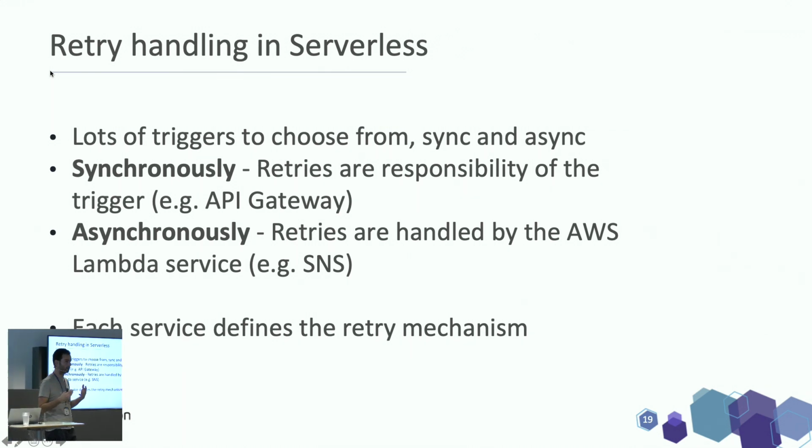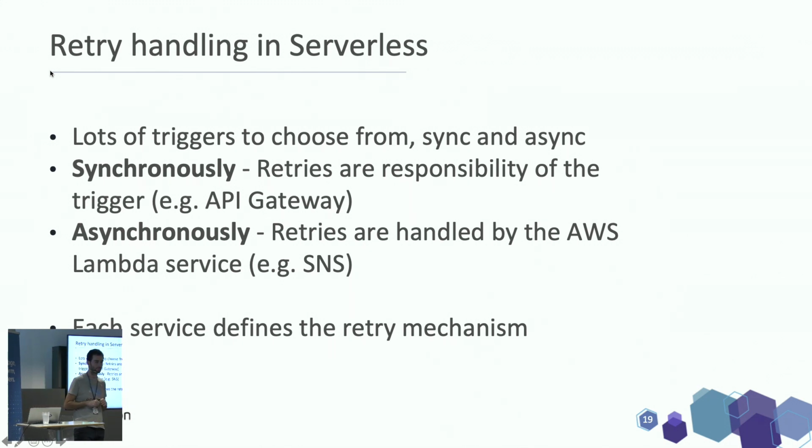Synchronous ones, for example, like API Gateway, derive from a set where the retry responsibility is on the caller. So for example, if I'm calling some service on HTTP and it fails, and I'm getting like 500 or 400, it's my responsibility to call it again sometime later to retry and get a response this time.